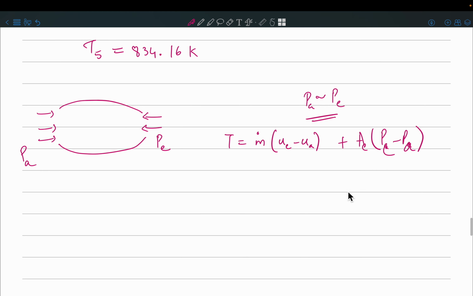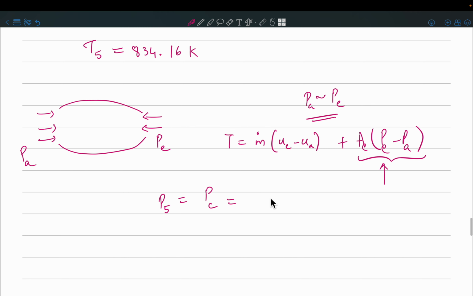So what are we asked to do? We are asked to calculate this part, PE minus PA. For this, first of all, we need the exit pressure P5, which is equal to PC.